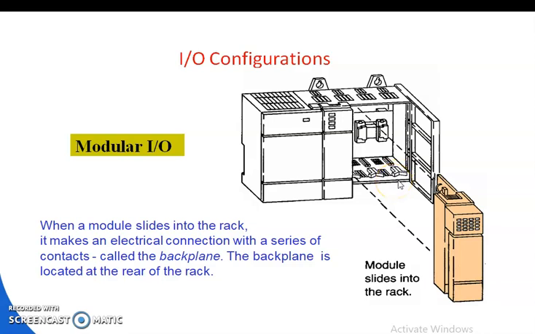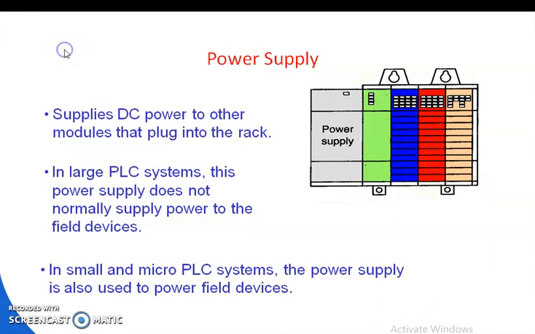The backplane is located at the rear of the rack. These contacts are known as your backplane, located at the rear of the different racks. The module slides into the rack.